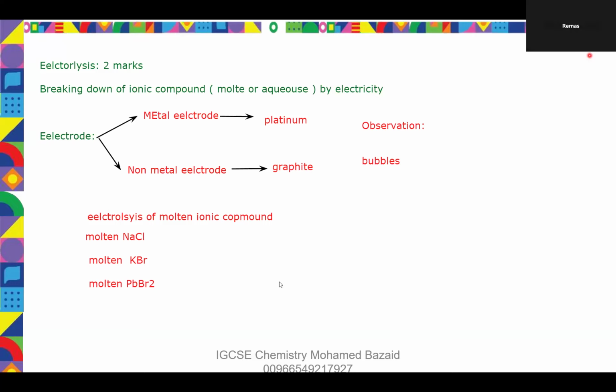Yes, it's like you have an ionic compound and you want to break it down when it's in a molten or aqueous state by using electricity. Yes, okay. So here you can write breaking down or you can write decomposition of ionic compound. If you are familiar with decomposition, it's okay, wonderful. So you can say decomposition of ionic compound, molten or aqueous, but you must refer to electricity because it has one mark.